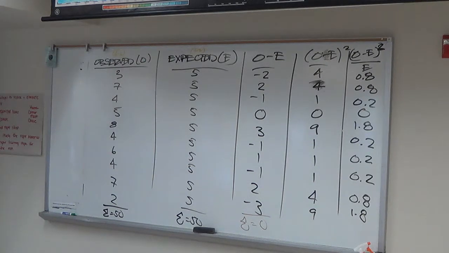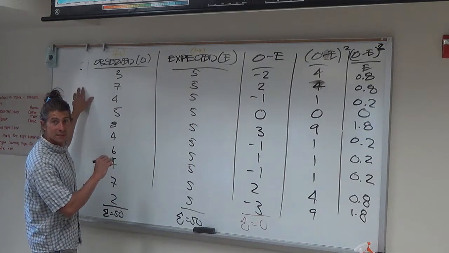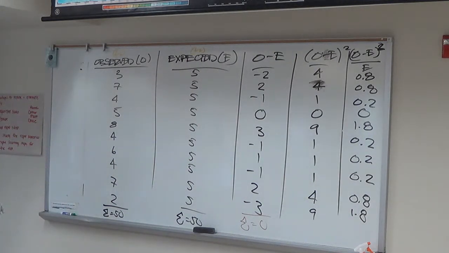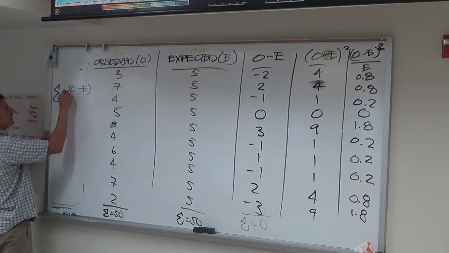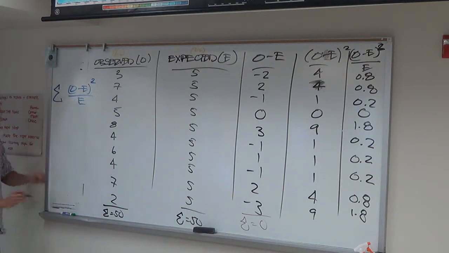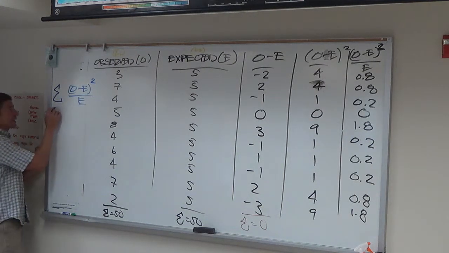We did all of this to get that column. That is the column that statisticians have created. And if you add that column up, that's actually your test statistic. If you sum up the column that corresponds to this, that's actually your test statistic.